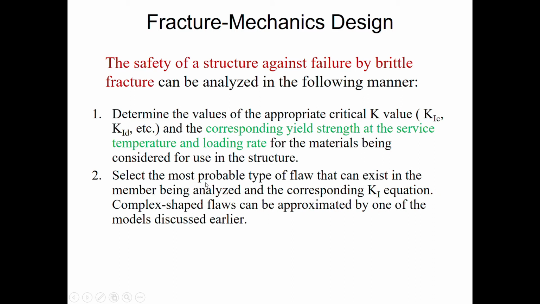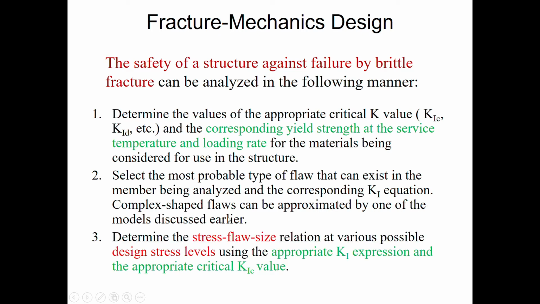Second, select the most probable type of flaw that can exist in the member being analyzed and the corresponding K1 equation. Complex shape flaws can be approximated by one of the models discussed earlier. Third, determine the stress-flaw size relation at various possible design stress levels using the appropriate K1 expression and the appropriate critical K1C value.